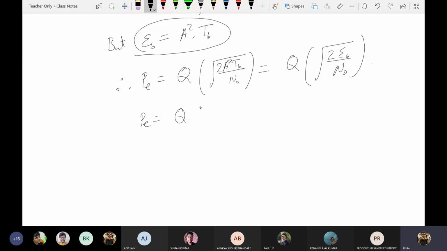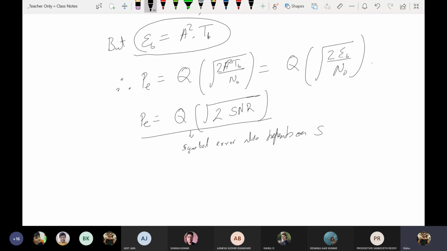So Pe equals Q of root of 2 Eb by N naught. This is kind of a measure of the signal to noise ratio: symbol energy divided by noise variance or noise power spectral density. So the probability of symbol error also depends on SNR.